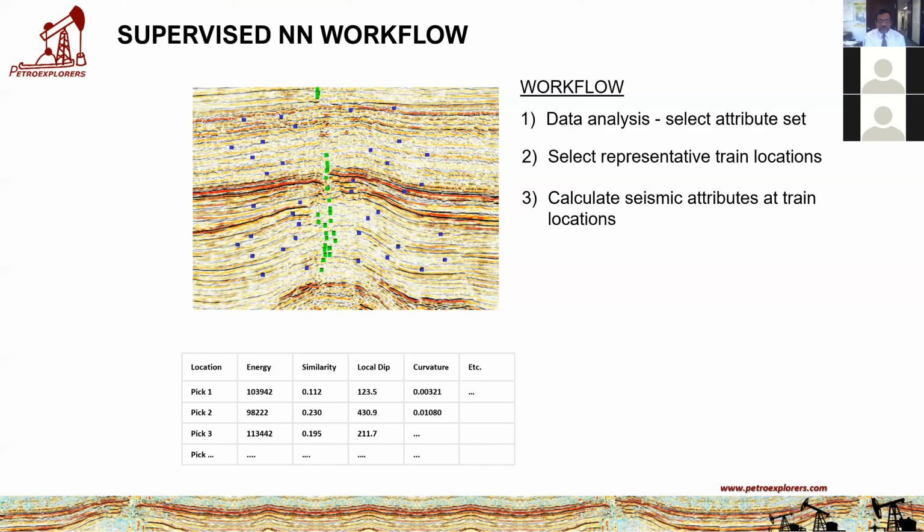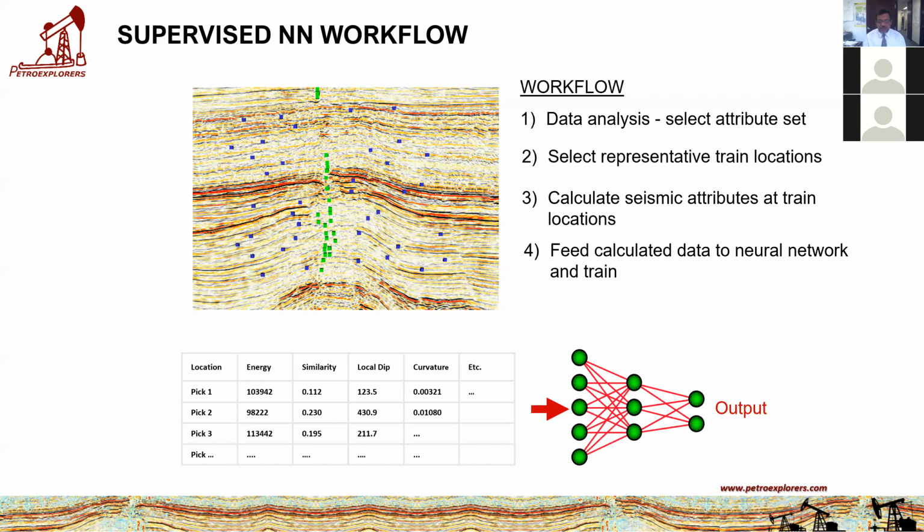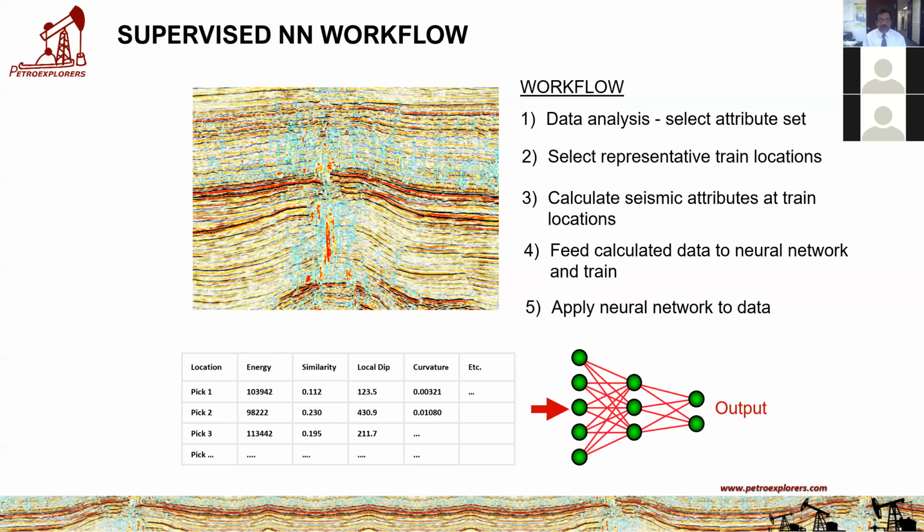As you feed that into the neural network and train it, you can output the probability, where red is the highest probability. It's showing on the same line, but it would then be extended over the whole 3D.